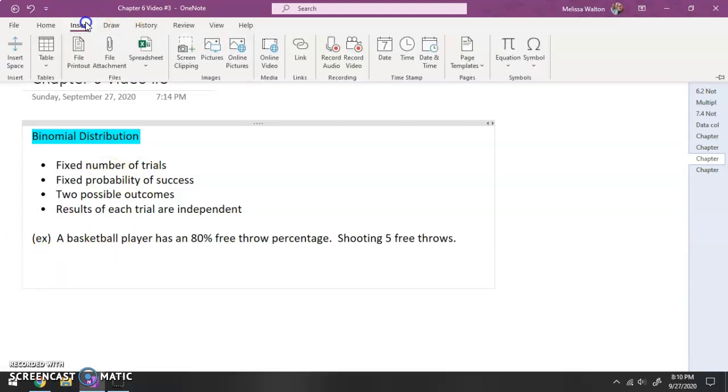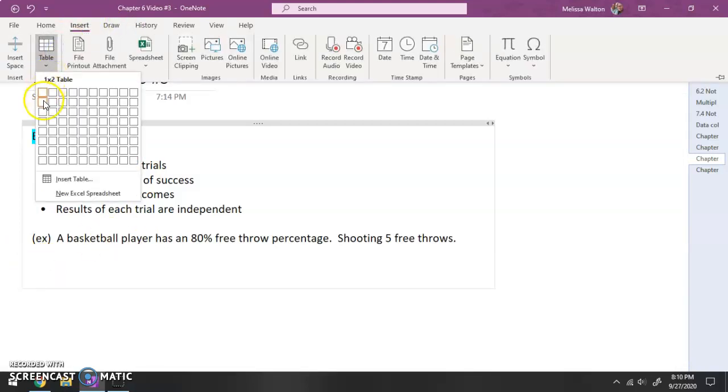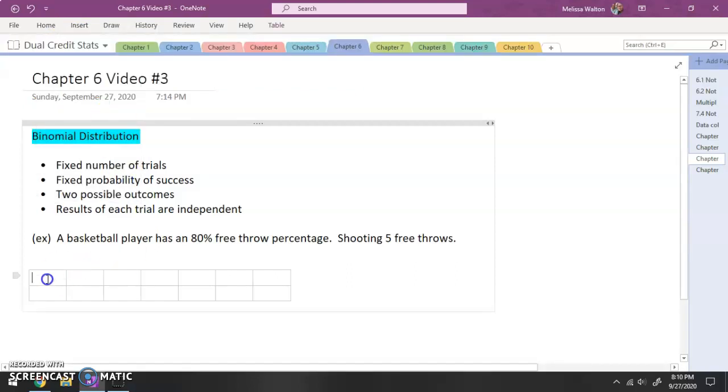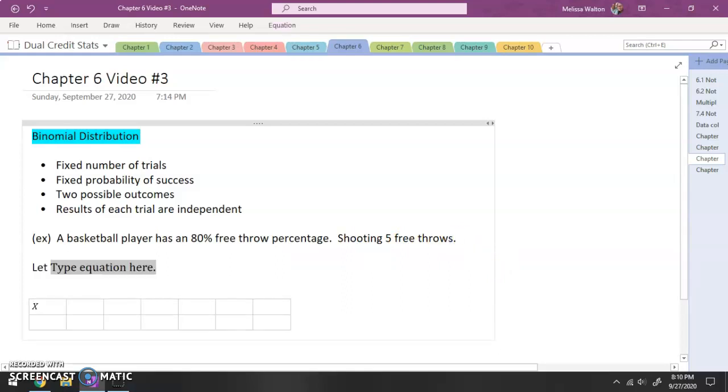So let's go ahead and create a table. 1, 2, 3, 4, 5, 6. I'm going to go ahead and name this random variable x. And actually, I do have to define what x is.